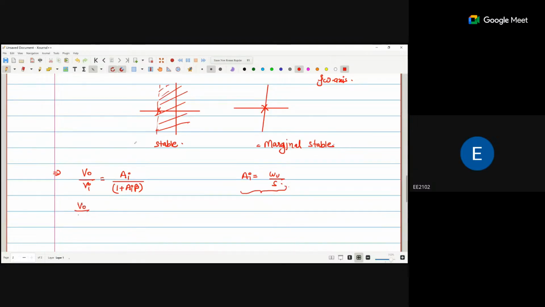If we put omega u by s, V naught upon Vi is omega u by s into 1 plus omega u by s times beta, that is omega u by s upon 1 plus omega u by s beta.